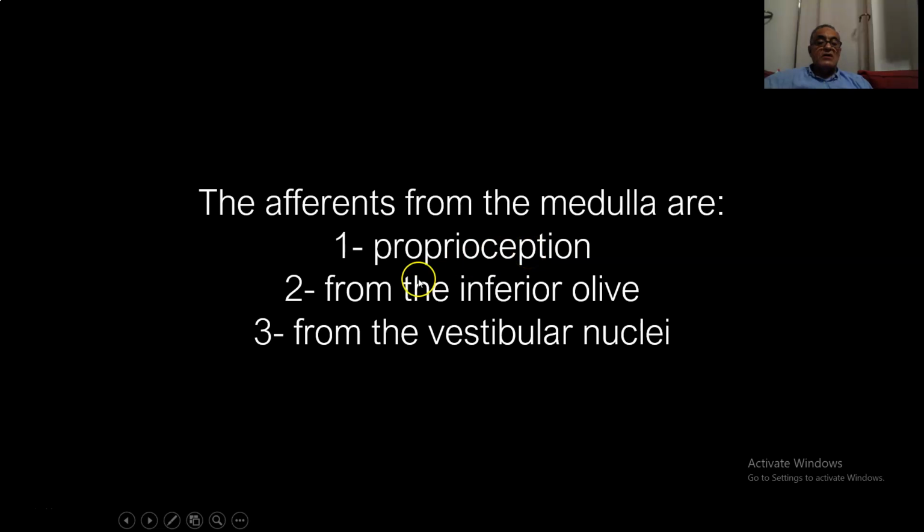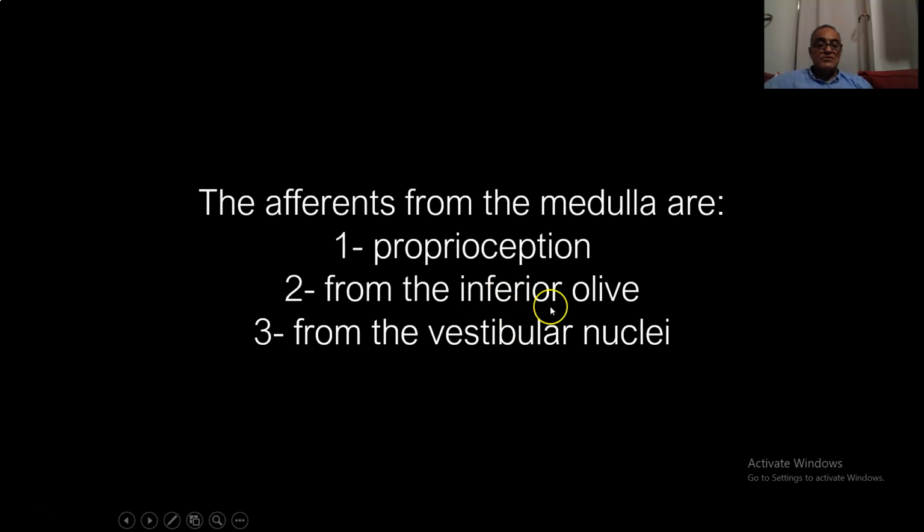Proprioception, the deep sensation, and from the inferior olive, which is the extrapyramidal information from the extrapyramidal system, and from the vestibular nuclei, which are the center of equilibrium, because they receive impulses from the vestibular nerve, and it receives from the semicircular canals, utricle and saccule, which are the structures, or sensors, or the receptors for equilibrium.